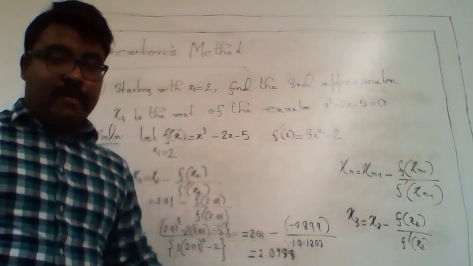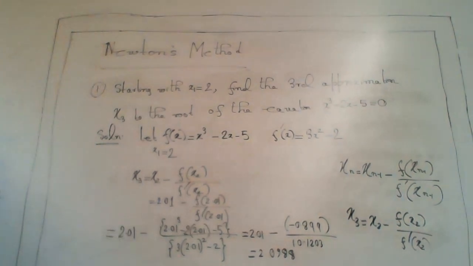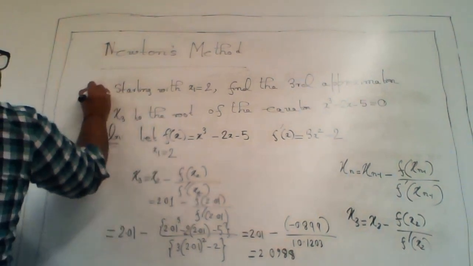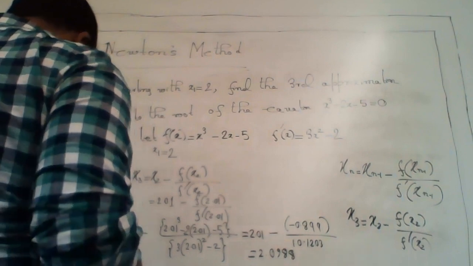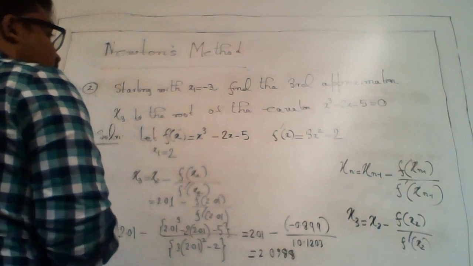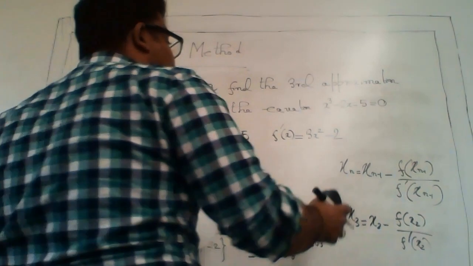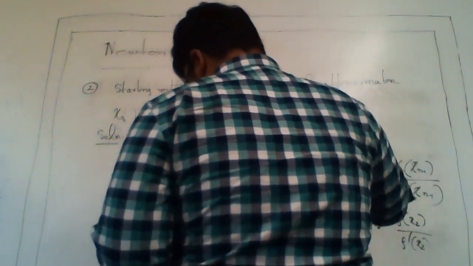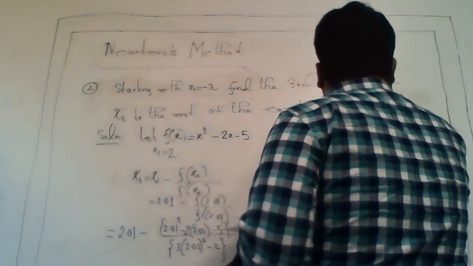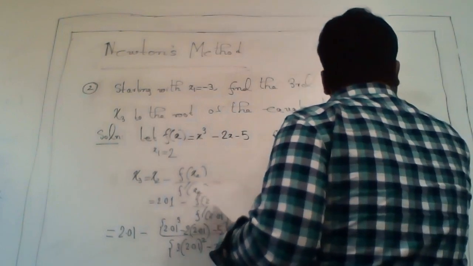So in this way you have to do all the problems. Let's do the next problem. The next problem is, starting with x1 equals -3, find the third approximation x3 to the root of the equation 1/3 x cubed plus half x squared plus 3 equals 0.